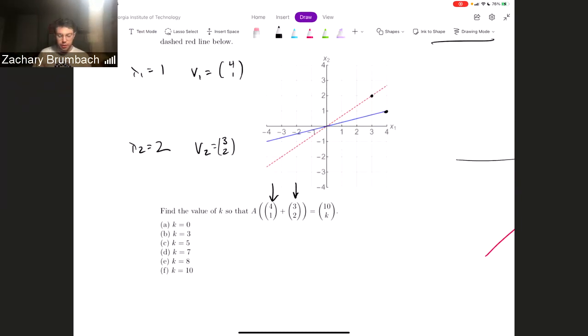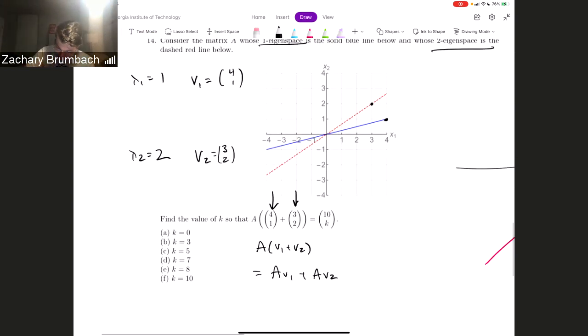One of the rules of matrix multiplication in linear algebra is that it is distributive. So if we have A times the first vector plus the second vector, this is the same thing as A times vector 1 plus A times vector 2. Okay, and we have A times 4, 1 plus A times 3, 2.